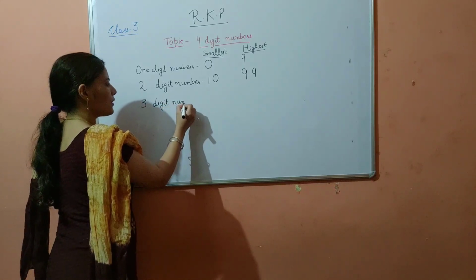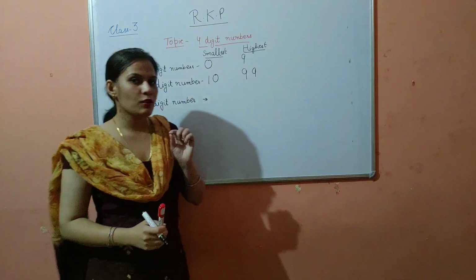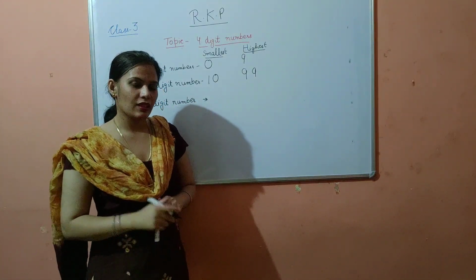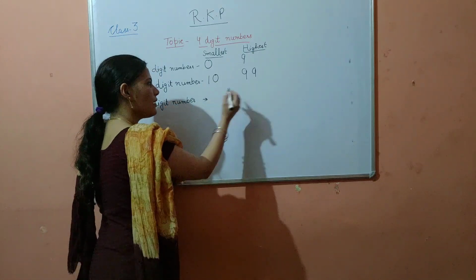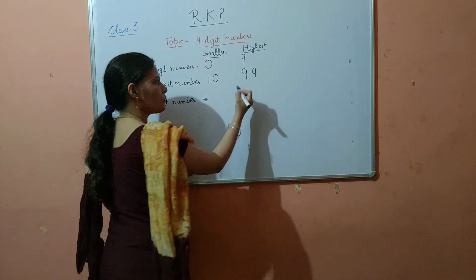Now the 3-digit number. What is the smallest 3-digit number? Can you guess? Yes, it is 100. Now let's take one more point here.